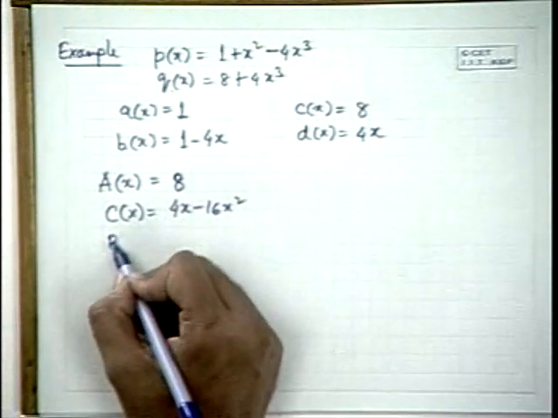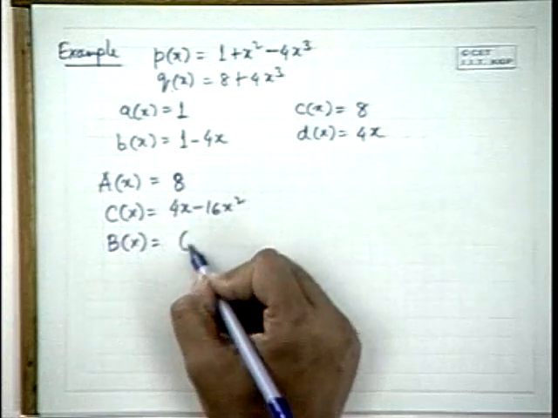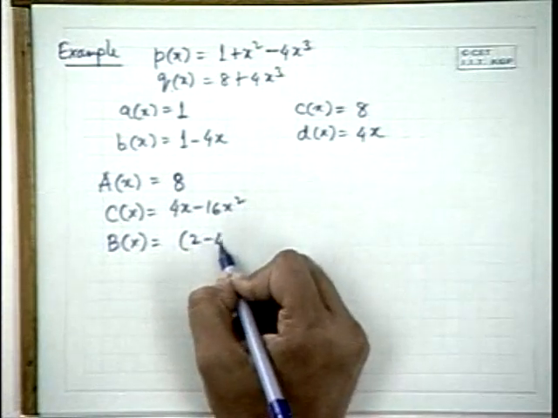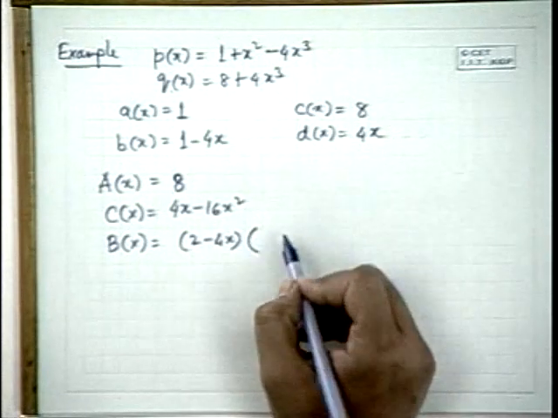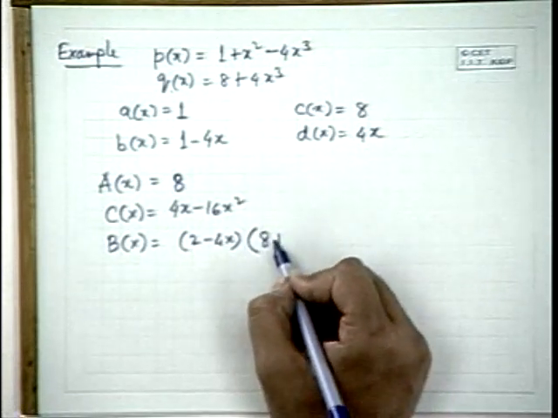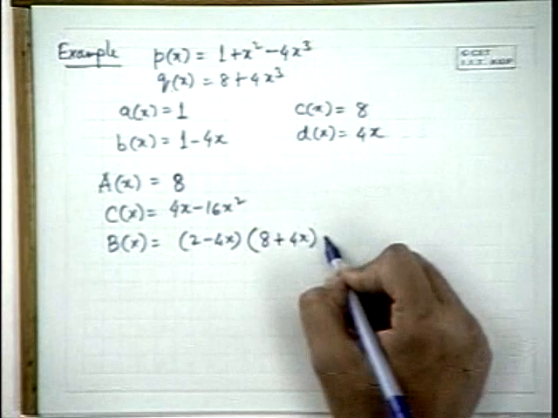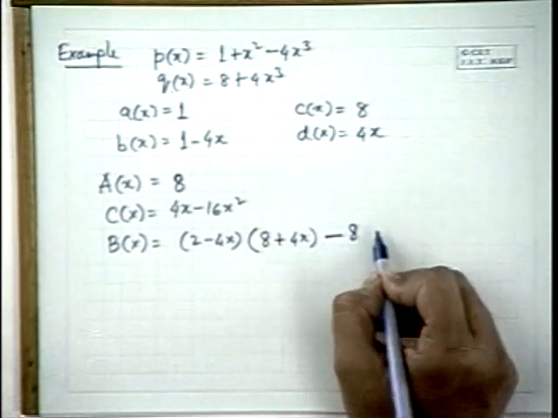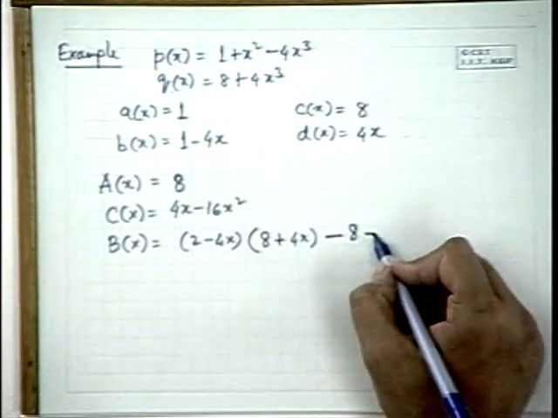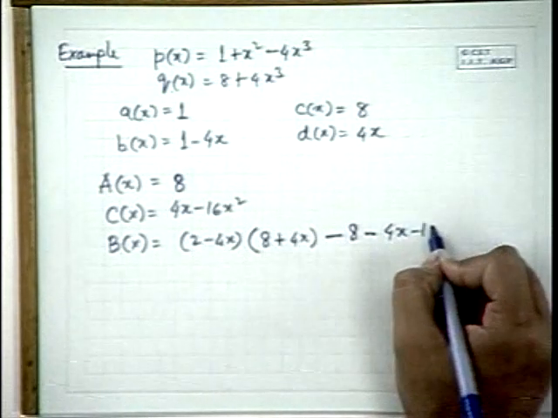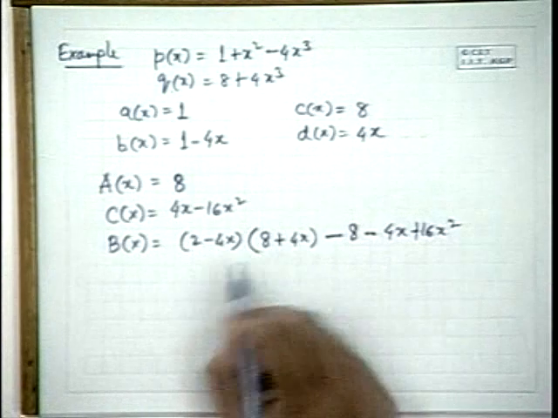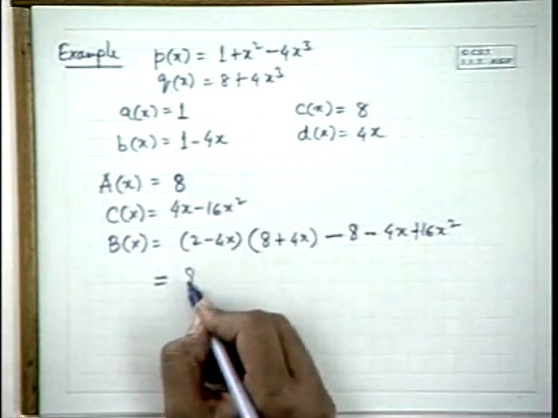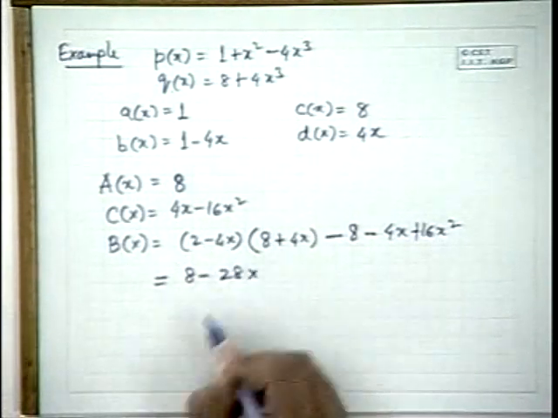And then your Bx is Ax plus Bx times Cx plus Dx, which is 8 plus 4x, minus Ax, 8, minus Cx, which is 4x minus 16x square. If you evaluate it, you will get 8 minus 28x.